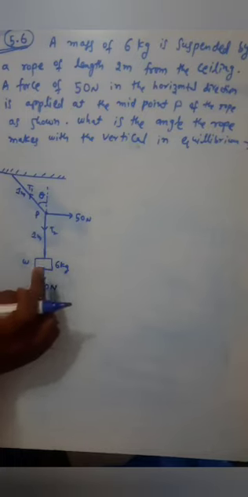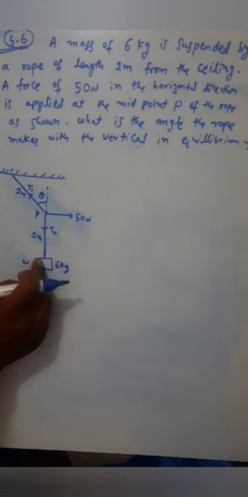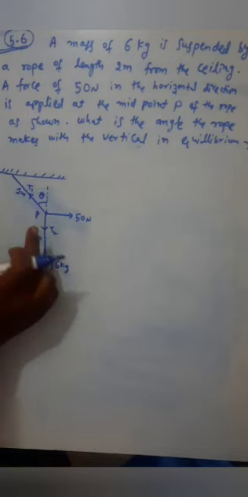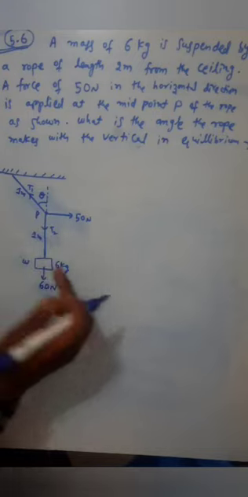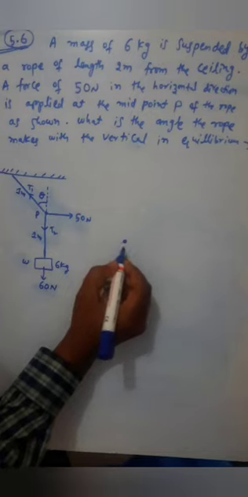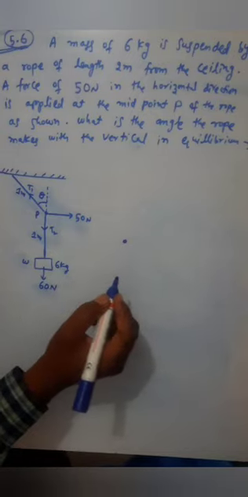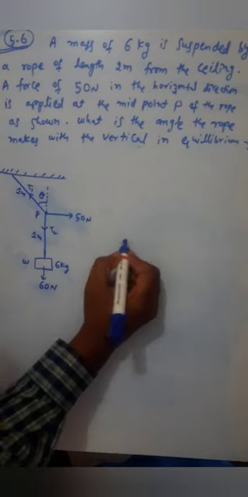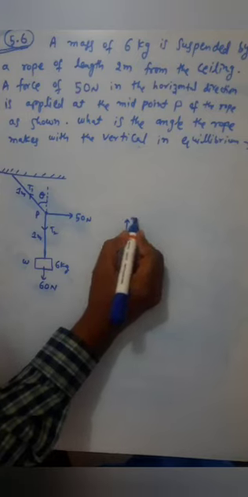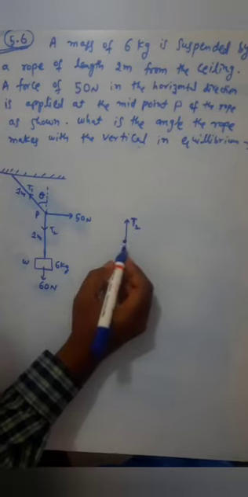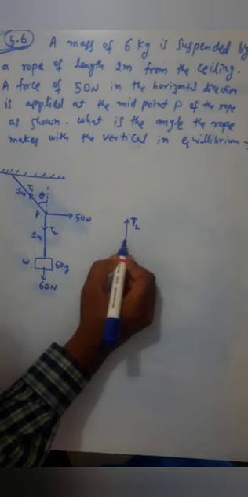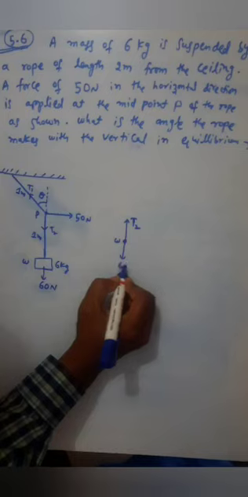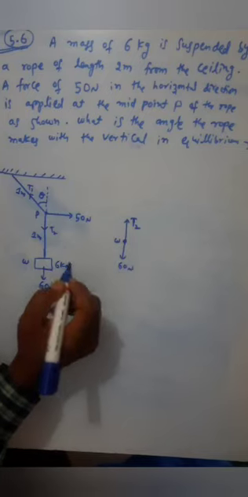So we draw a free body diagram for W and for P. For W, tension force T2 is in the upward direction, and W equals 60 newtons in the downward direction.